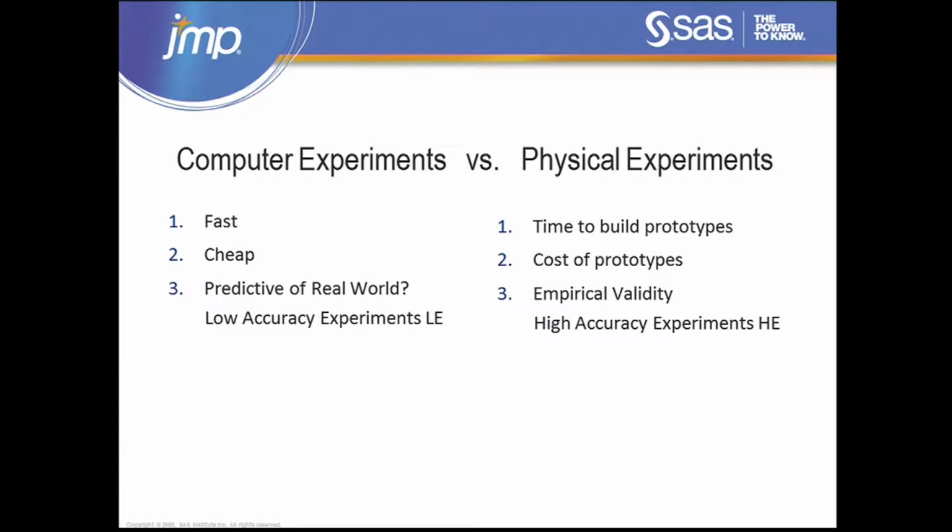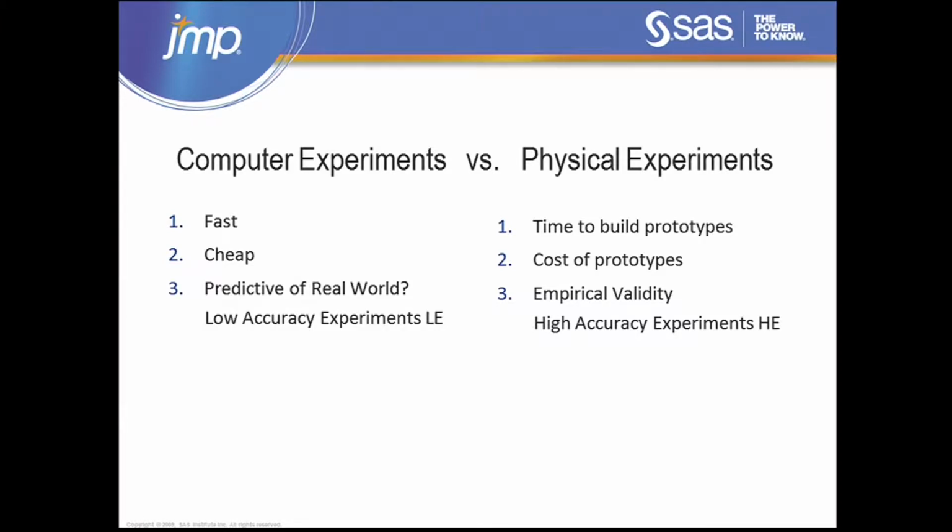Whereas in a physical experiment, you may have to build a prototype of something that hasn't ever been built before, and that can be an expensive proposition, so it's costly. But on the other hand, once you actually build something and use it, there's a substantial amount of empirical validity to what you just did because it's real.